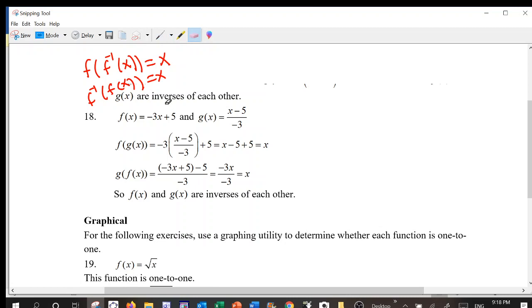Now we have to do both of these and make sure both of these are true, right? So these are the two inverses on number 18. If these are inverses, then if I take f of g of x, I should get x.